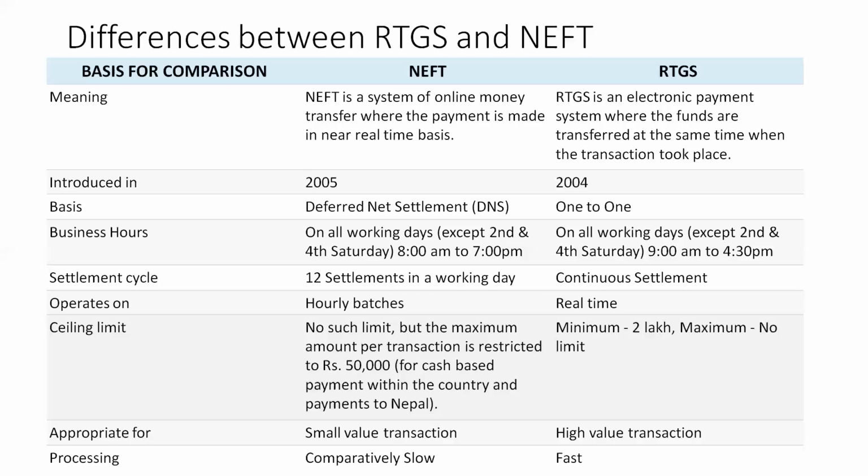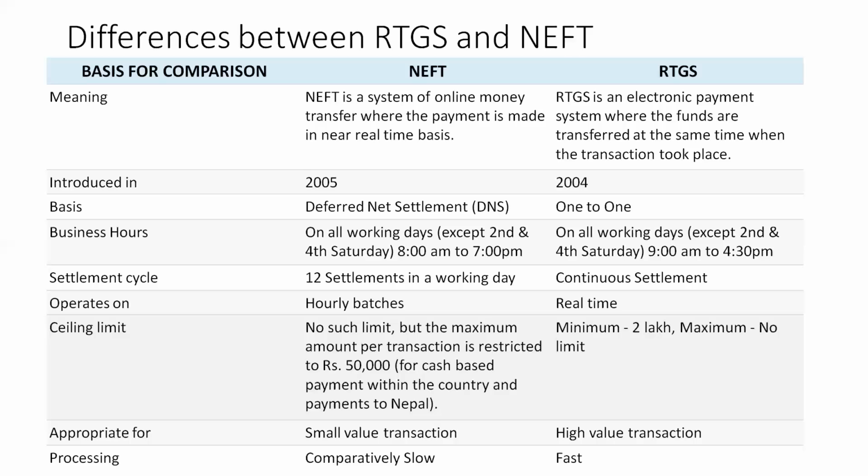But at a single stretch, if you want to send money through NEFT, 50,000 is the maximum amount. A banker can transfer for 10, 15, 20 customers of this size. That is, there is no limit for the banker to execute transactions. Whosoever the customer is, he can send it. But for a single customer transaction, the maximum that can be transferred is 50,000.